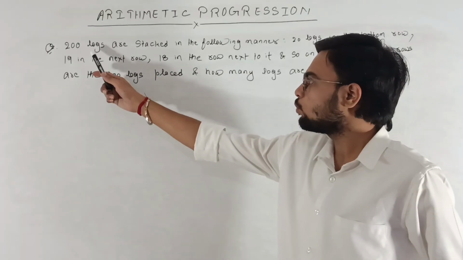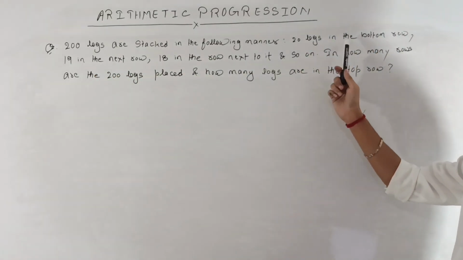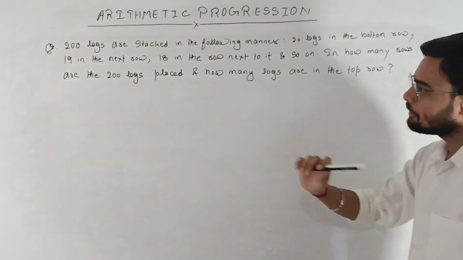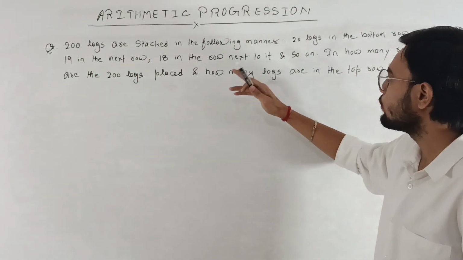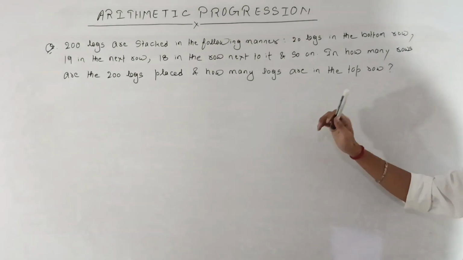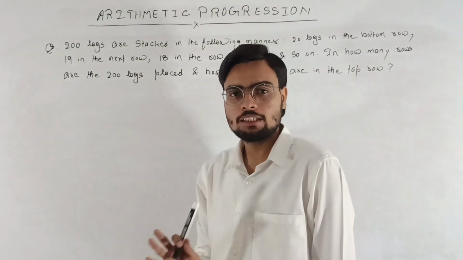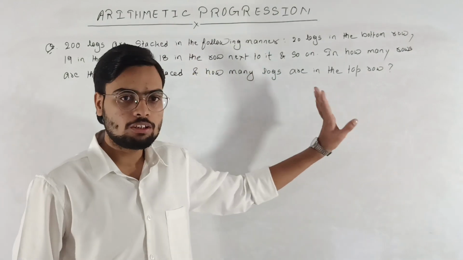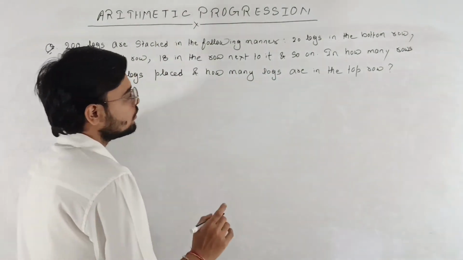The question is: 200 logs are stacked in the following manner, such that there are 20 logs in the bottom row, 19 in the next row, 18 in the next row, and so on. In how many rows are the 200 logs placed, and how many logs are in the top row? Now look, logs means wooden sticks.